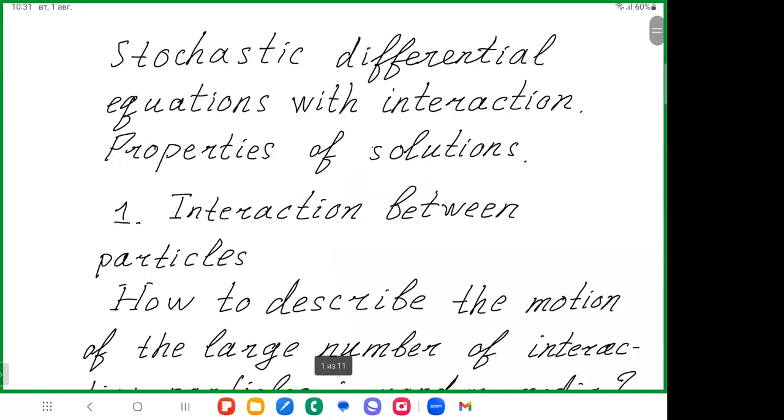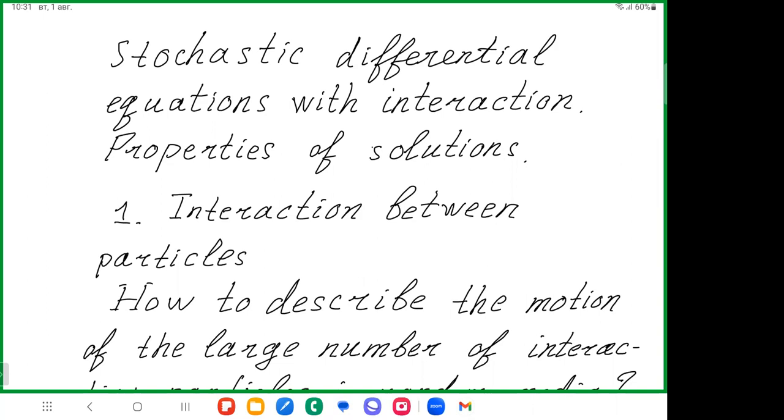Okay. So we continue to discuss how to build the stochastic differential equation, which can describe the evolution of the system from the large number of interacting particles.